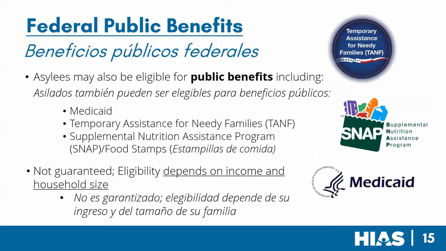All right, so outside of these benefits and services offered by resettlement agencies, asylees may also be eligible for federal public benefit programs. And these are programs that are not only open to asylees and refugees, but the wider population in the United States as well. And here are a few common examples I wanted to highlight. One that I mentioned before is Medicaid, which provides health insurance coverage to low-income individuals and their families.